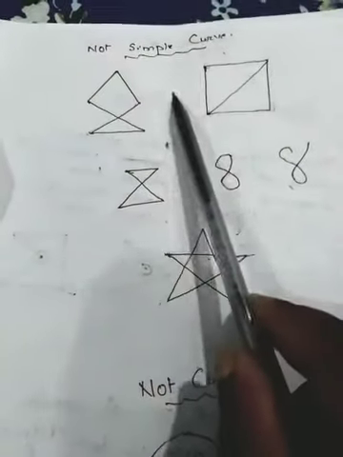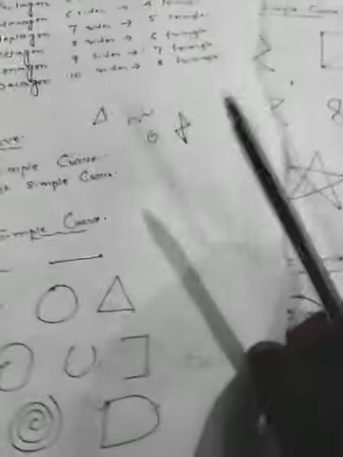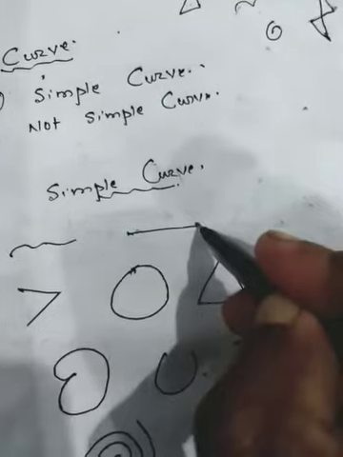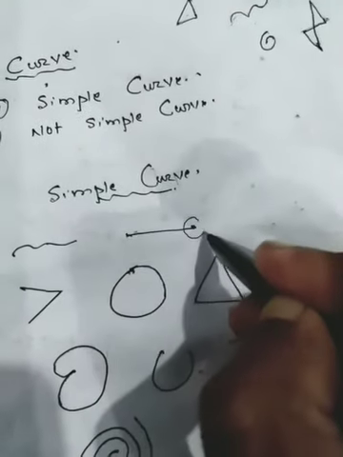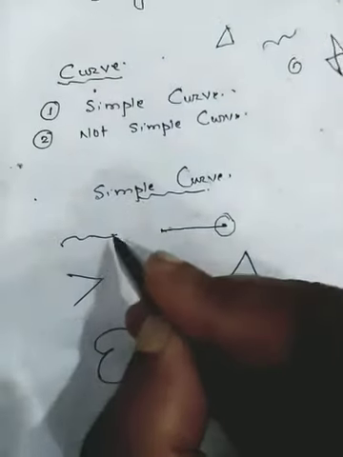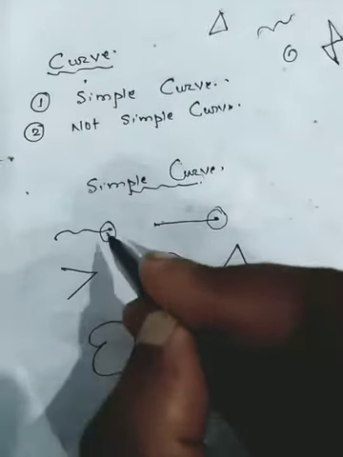Now let's discuss why this is not a simple curve, and why this is a simple curve. Let us first understand and try to find out the difference. Suppose this point, let me circle it so that you can understand. In this point how many curves are coming? 1. If I take this point, how many curves are coming? 1.